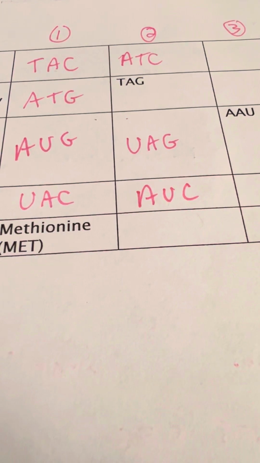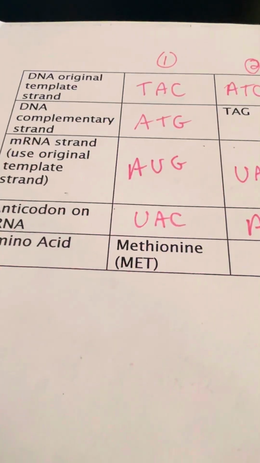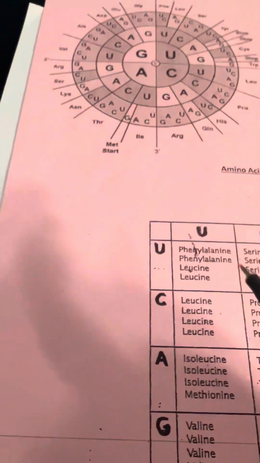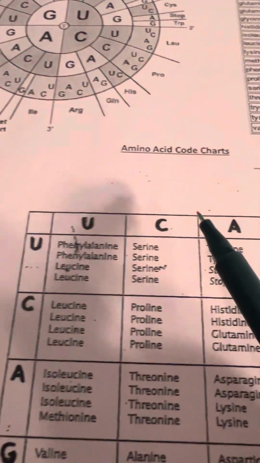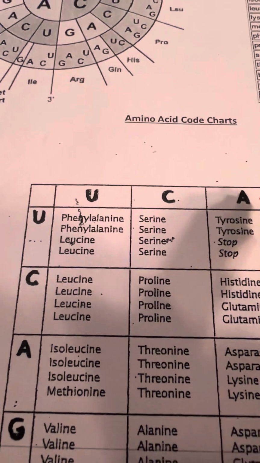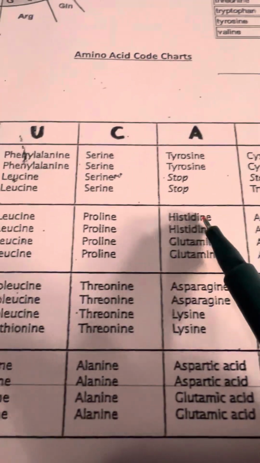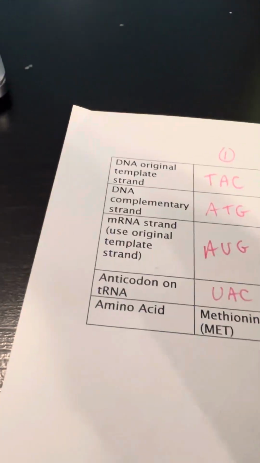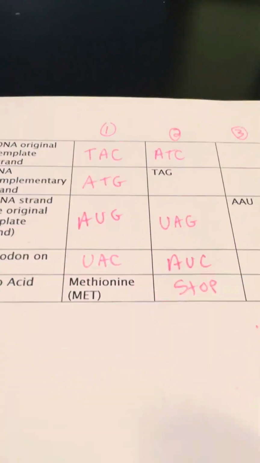To get your amino acid, you always use the RNA strand, which is UAG. If you go to your code chart, U, A, and then G is the 4th one. That is a stop codon, which I told you do not need to memorize, so you would write stop there.